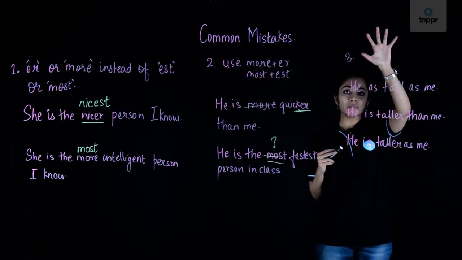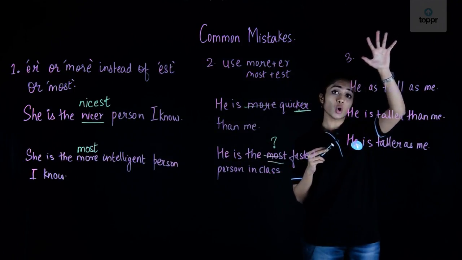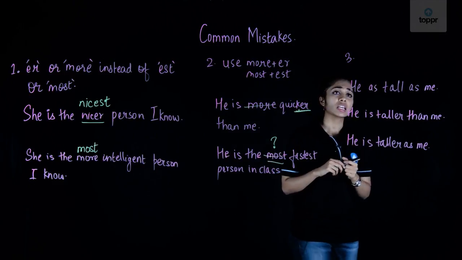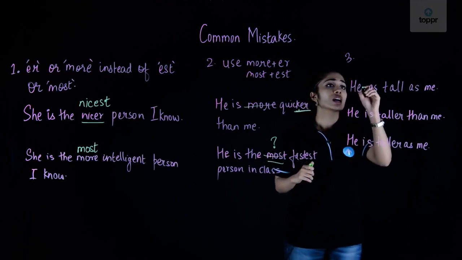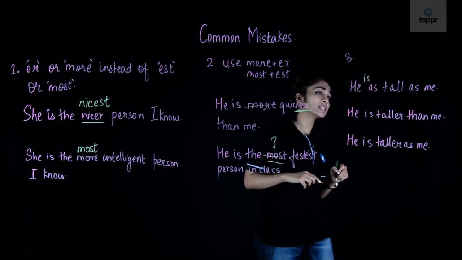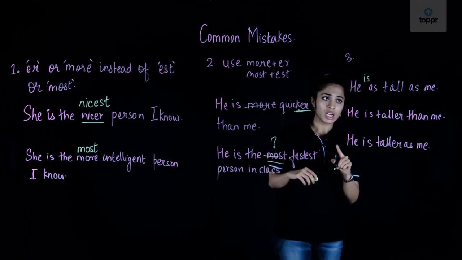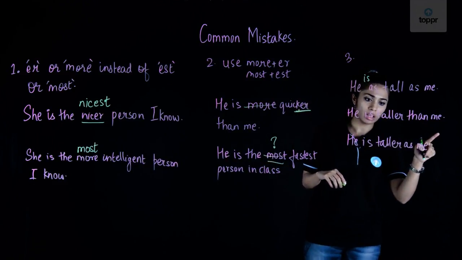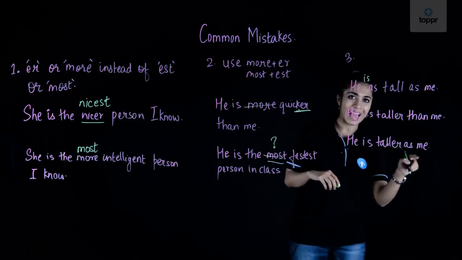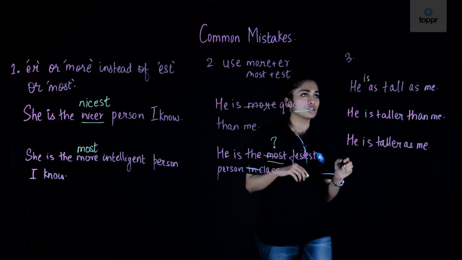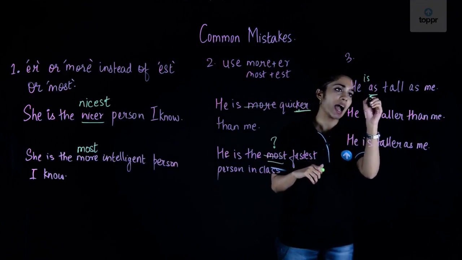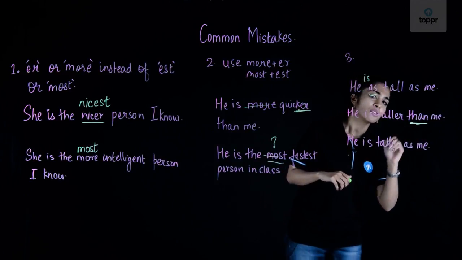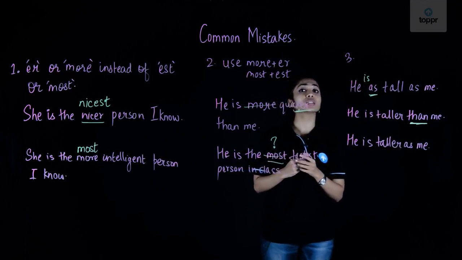So, I haven't named the mistake yet. You all will name it for me. He is as tall as me. He is taller than me. He is taller as me. If you look at these words, "as" and "than", first, let's understand when we use "as".